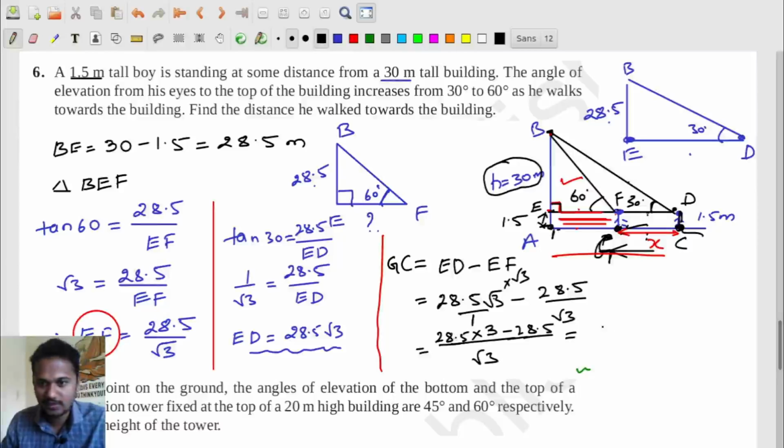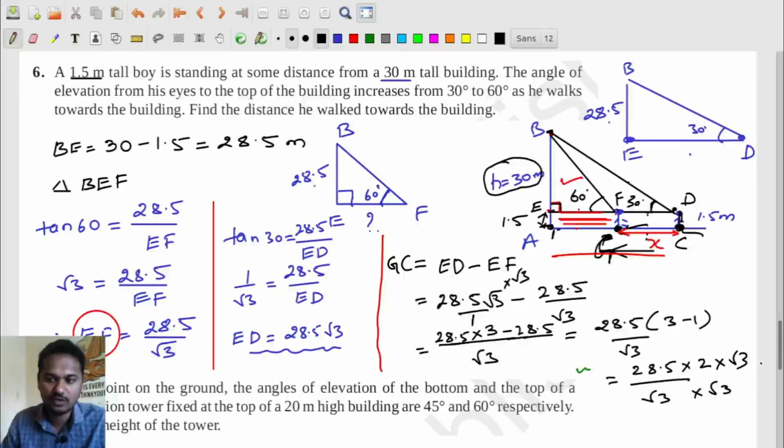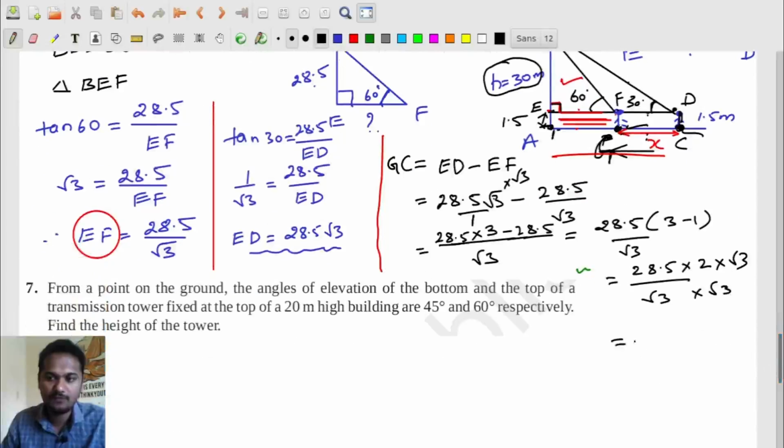Instead of multiplying these two, can I take 28.5 common? 28.5 common, then you will be left with 3 minus 1, and in the denominator the same root 3. So 3 minus 1 is 2. 2 into 28.5, or you can keep this 28.5 into 2 as it is, and then root 3. Now multiply root 3.